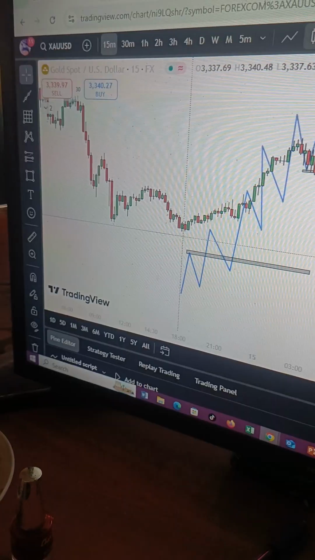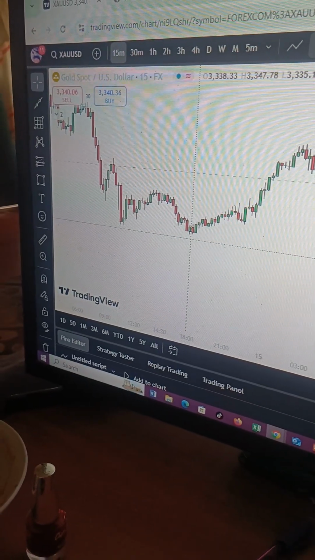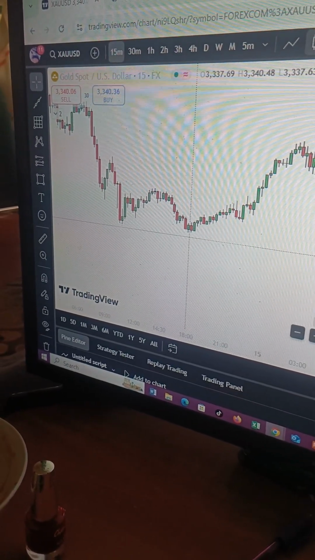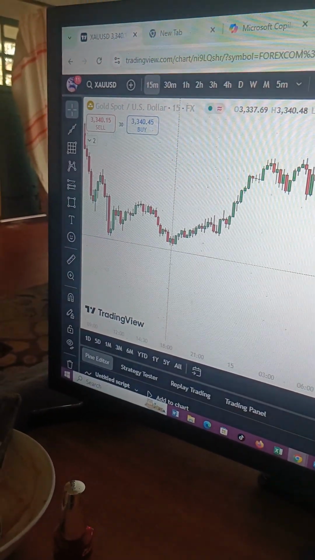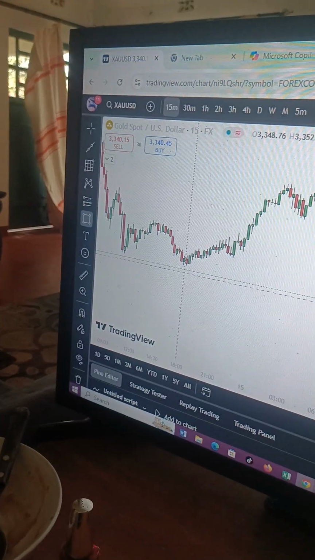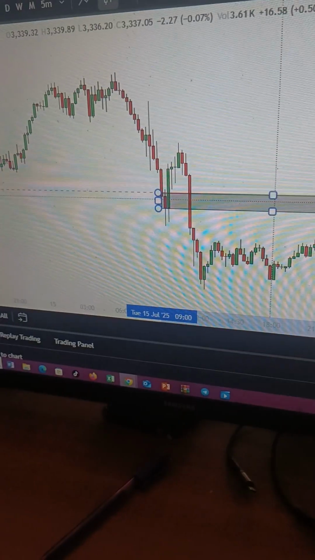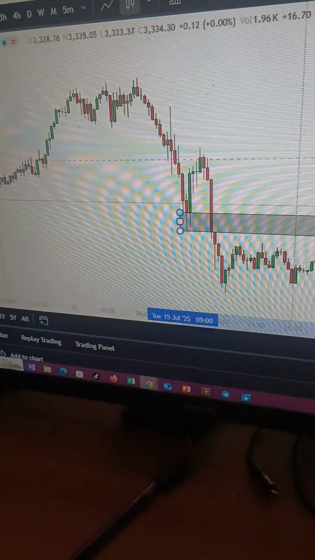I think we can continue now to the market. This is what is currently happening. This is our zone, which was our support.